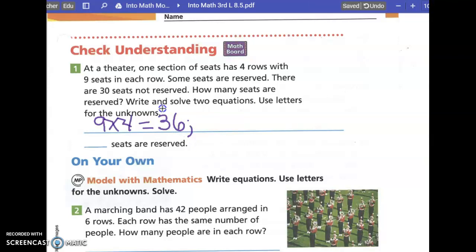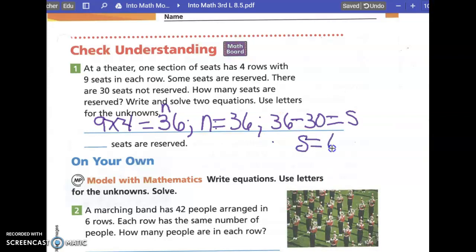So let's say this was N. So N equals 36. Then what did you do? 36 minus 30 equals S. And what is S? 6.